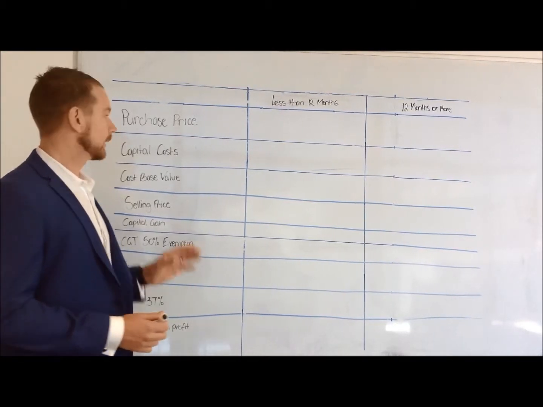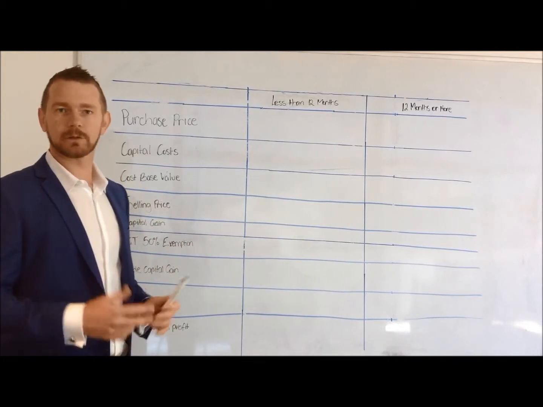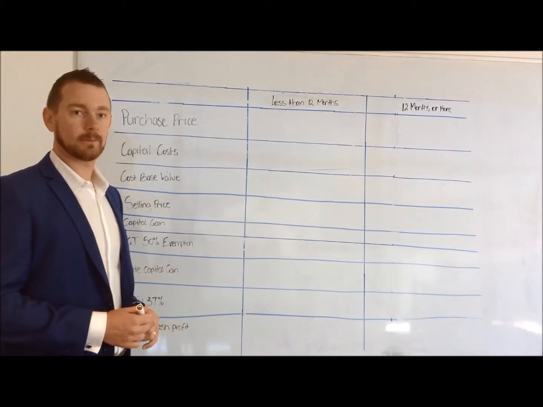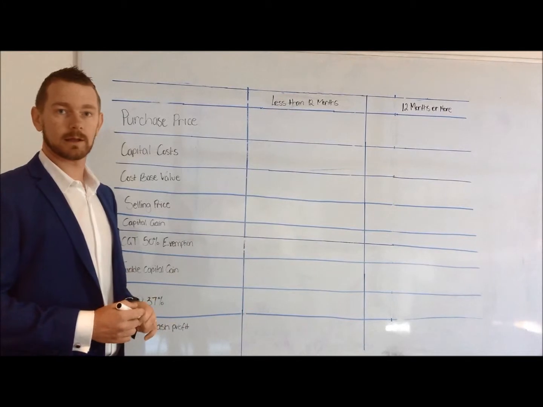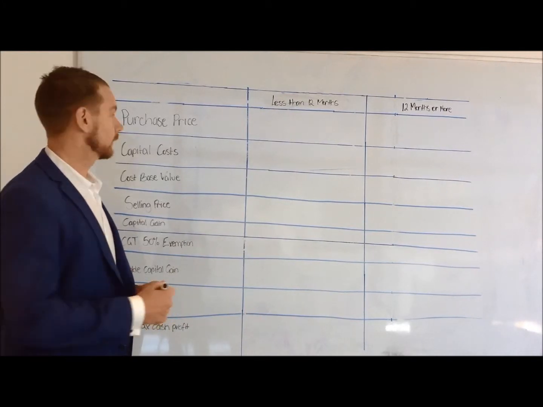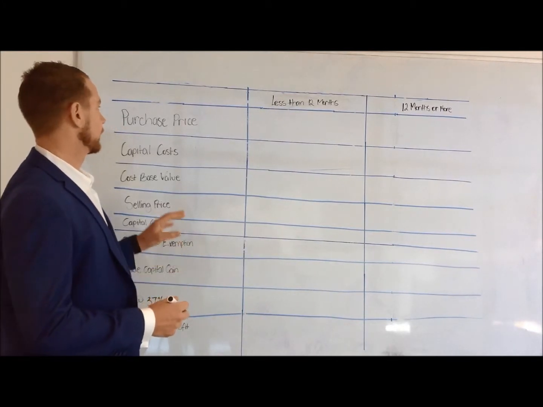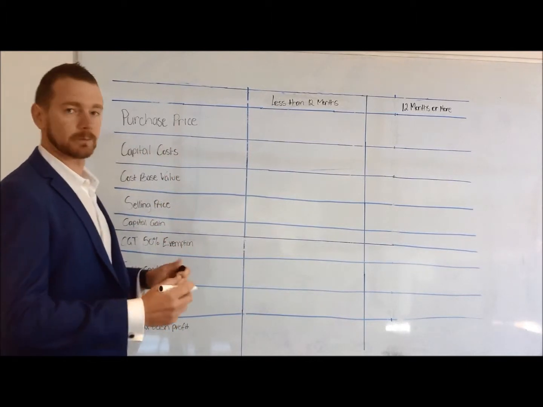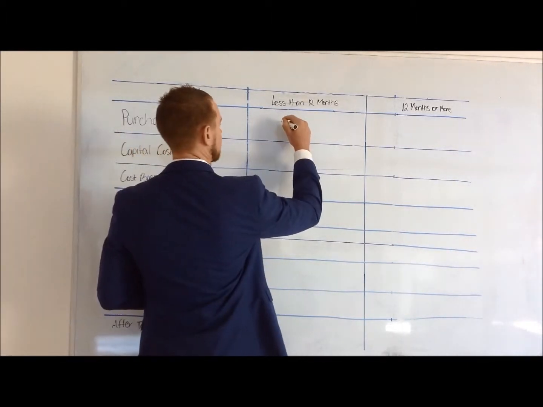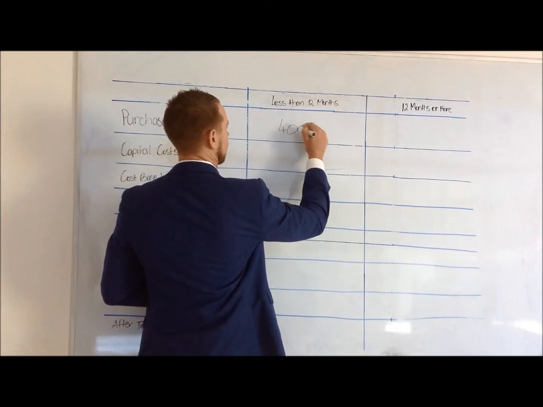Okay, so I believe this type of example is on the website, but we'll run through it briefly now as well. We're looking at a purchase price on an investment property of $400,000.